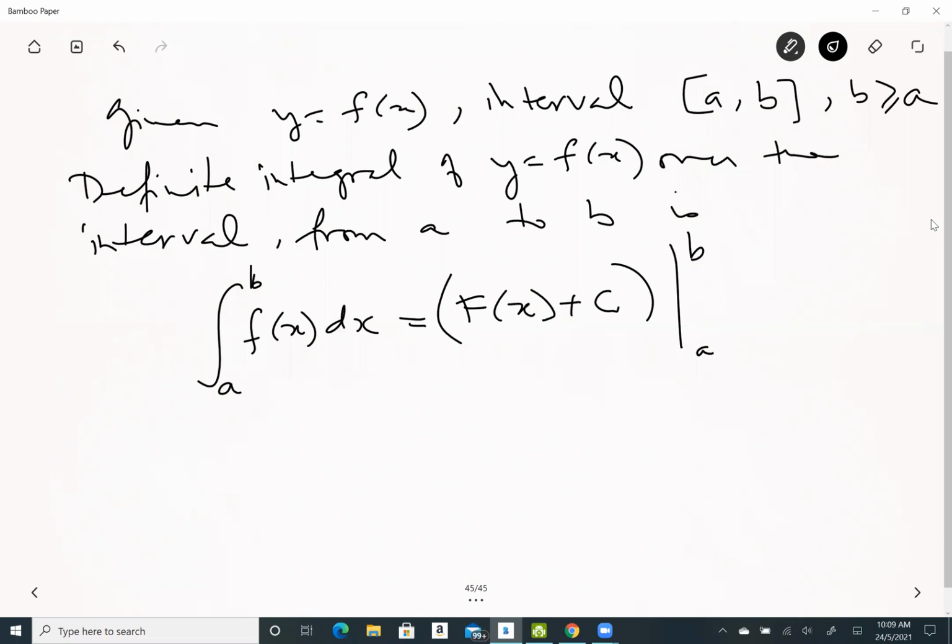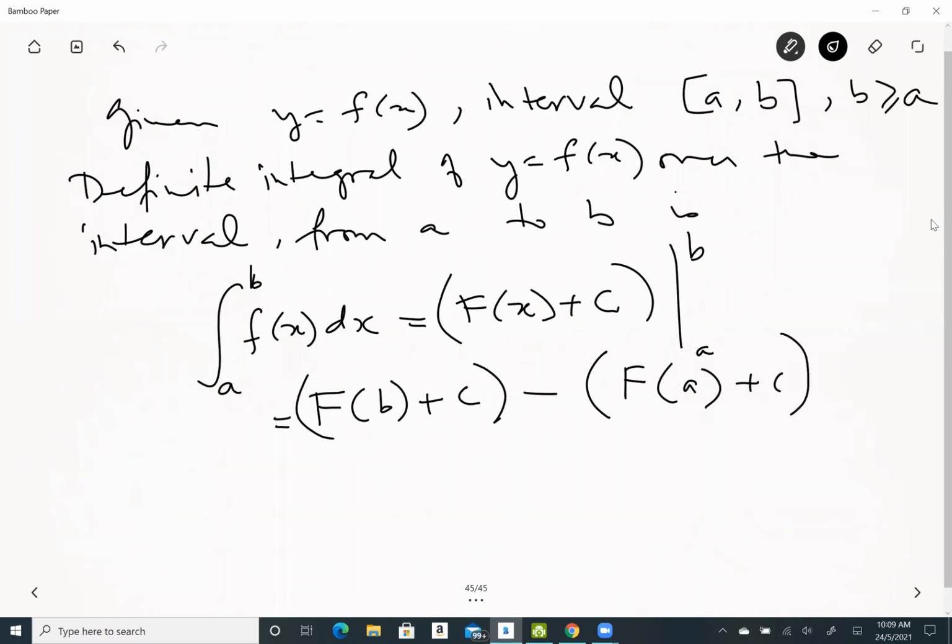When you evaluate, it means you're going to get a value. So that will be equal to the value of the integral at B, plus C, minus the value of the integral at the initial point A, plus C.